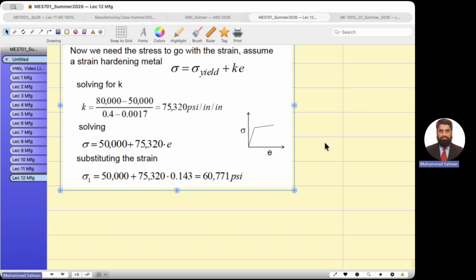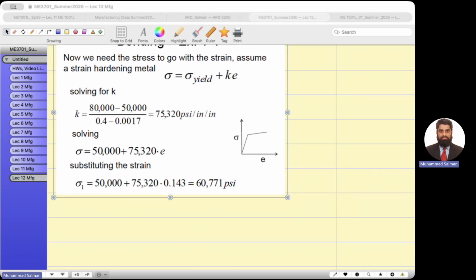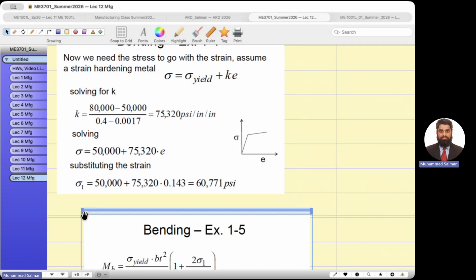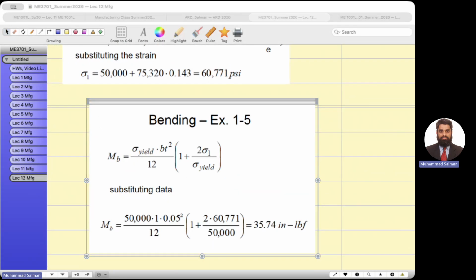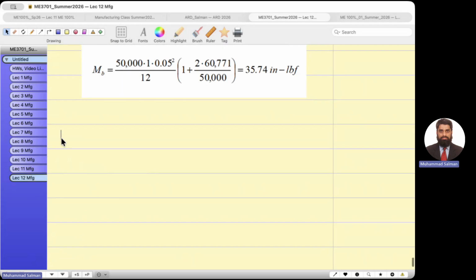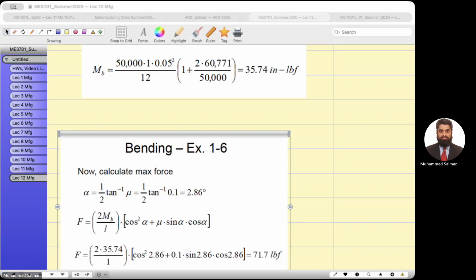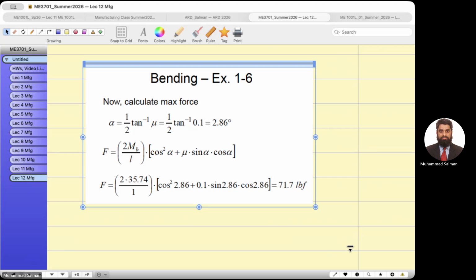Okay, now have you understood how to find the K value, the strength coefficient, and how to find the bending moment? Use these formulae. And then the angle for this coefficient of friction and this punching angle, what is the maximum angle, and this was the ratio for the actual ratio.